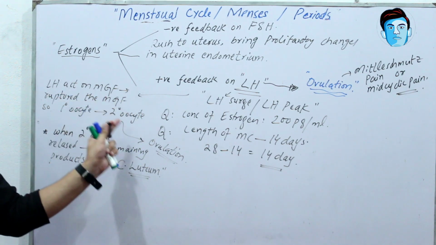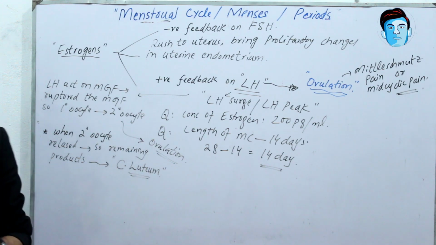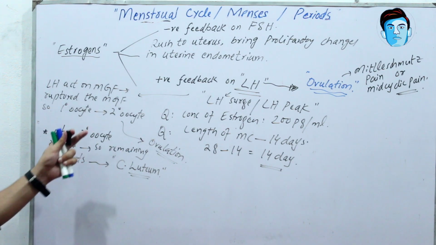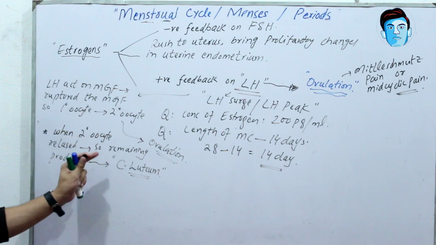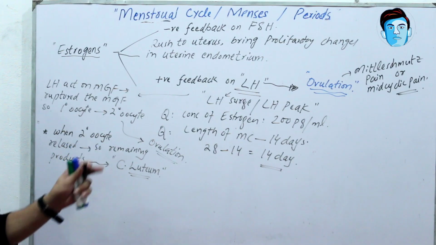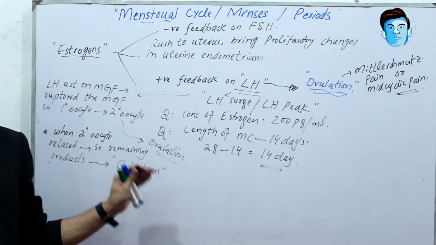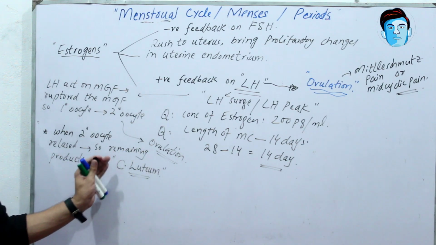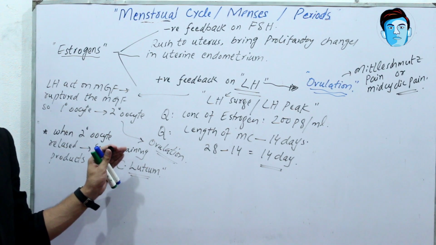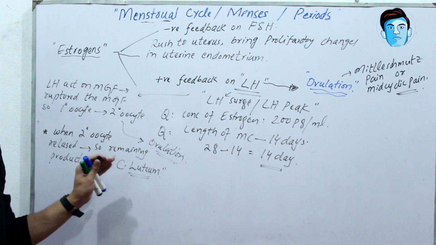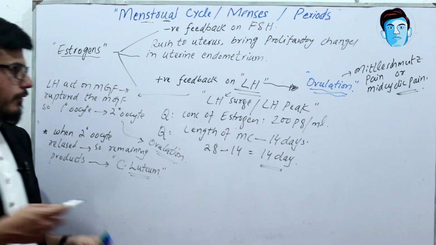The release of this secondary oocyte is known as ovulation. The remaining products after that are called the corpus luteum, and from then onward another phase gets started.